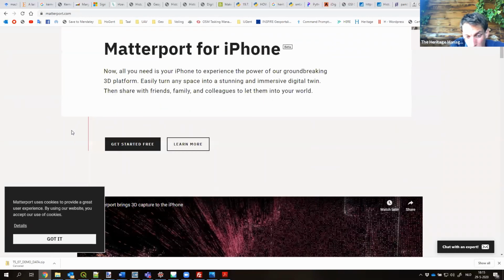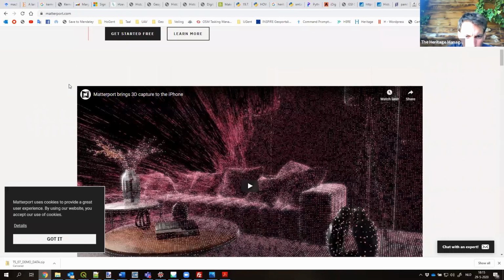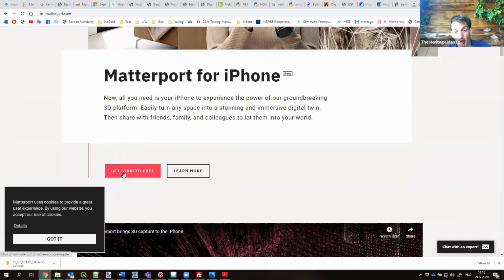So maybe it can be used for museum applications or for real estate applications, but I would not recommend to use it for artifact modeling, and definitely not for outdoor uses, because the amount of energy that you can emit with these kinds of devices is of course quite low. And I'm not sure how it works with the alignment and the registration of these data. So that's definitely something that you have to look at. But apparently you can start for free, so maybe interesting just to give it a try.